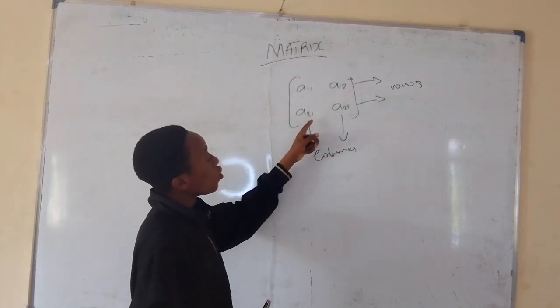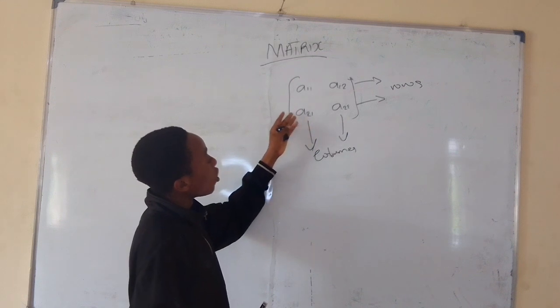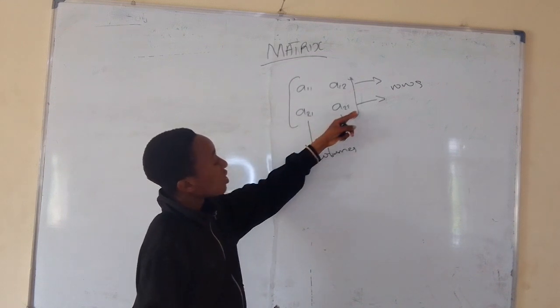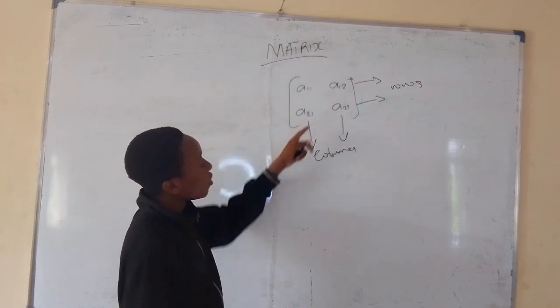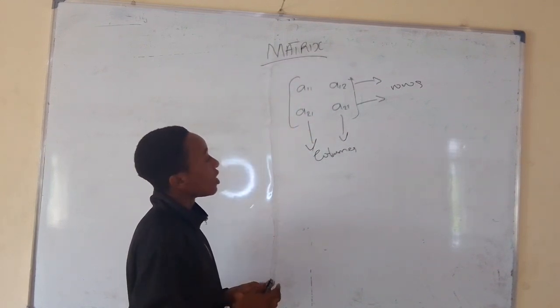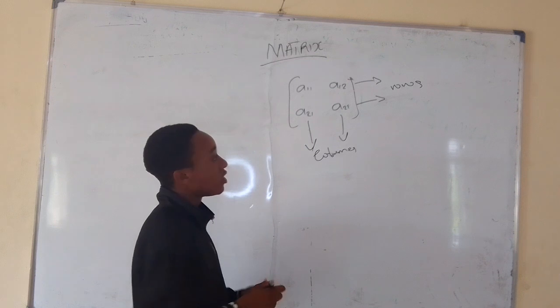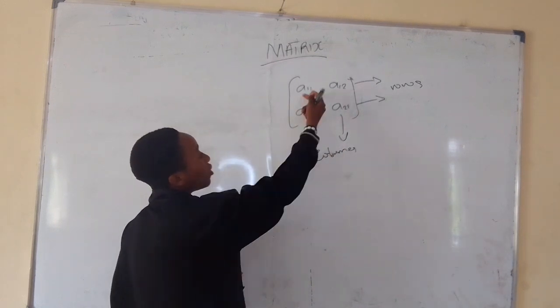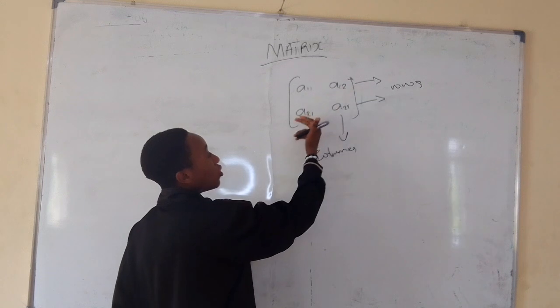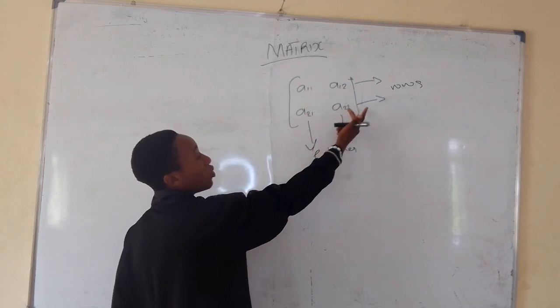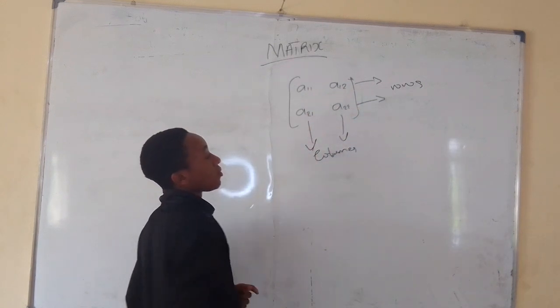So A21 means that A is on row 2, which is the second row, and on column 1, which is the first column. So this is how you can represent the position of each element. Row 1, column 1, row 1, column 2, row 2, column 1, row 2, column 2.